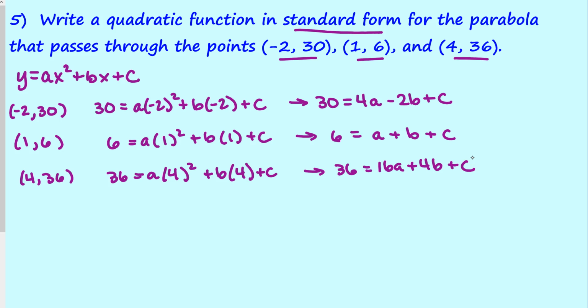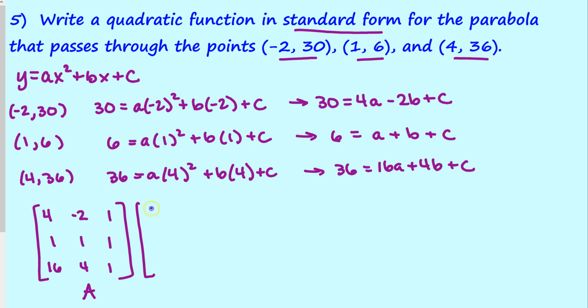So here we have a system of 3 equations and 3 unknowns. And we know a few ways to solve that system from last chapter. So suppose I decide to use the inverse matrix method. I'm going to set up matrix A, which has the coefficients of a, b, and c. So 4, -2, 1, 1, 1, 1, 16, 4, 1.